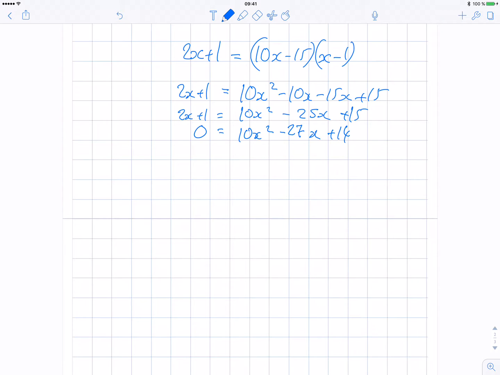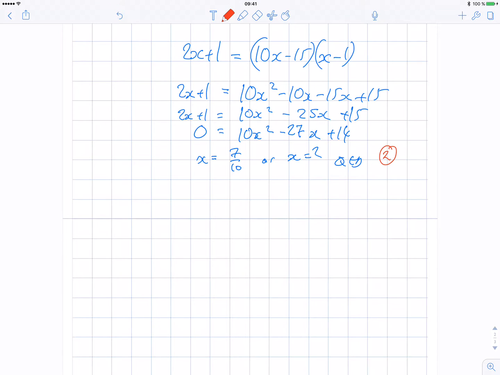Okay, I do that on the calculator, and I get x is equal to 7 over 10, or x is equal to 2, and I've shown it. Hopefully you bear with me for a while. And anyway, that gives me 2 points.